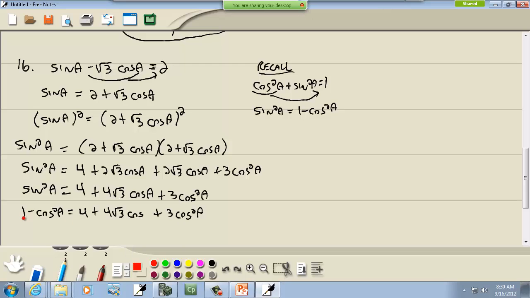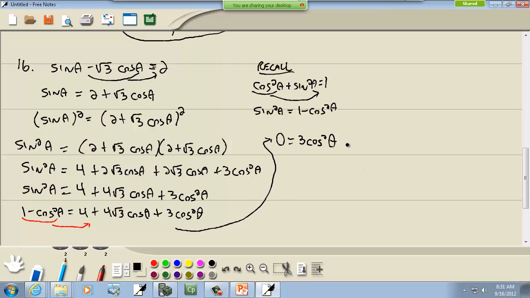Now I want to take these over to the right side. So we get, and I'll rearrange them, I'll put 3 cosine squared first. Sort of got kind of sloppy dropping my variable there, but that should be theta. There we go. This is theta here too.